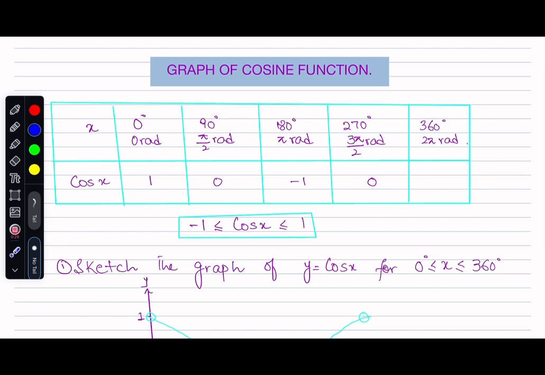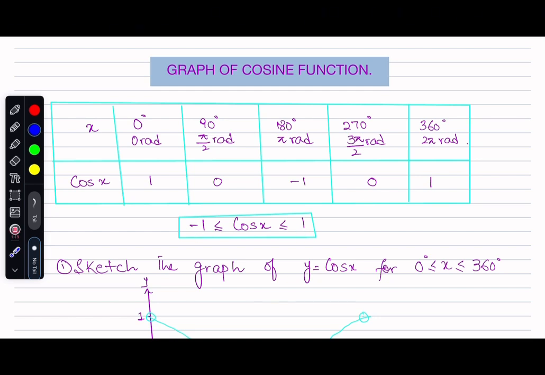So we know that coordinate axes are represented by 0 degrees, 90 degrees, 180 degrees, 270 degrees, and 360 degrees, where cosine of 0 is 1, cosine of 90 is 0, cosine of 180 is negative 1, cos of 270 is 0, and cos of 360 degrees is also equal to 1. So with this, we can see that the minimum value for the cosine function is negative 1 and the maximum has to be 1. So cos of x ranges from negative 1 till 1.